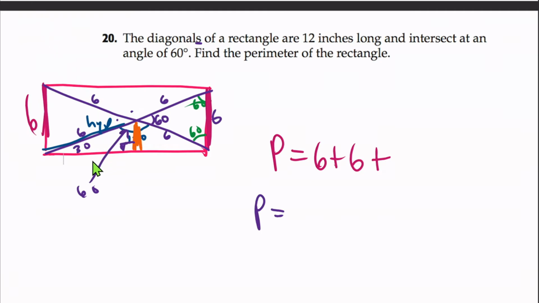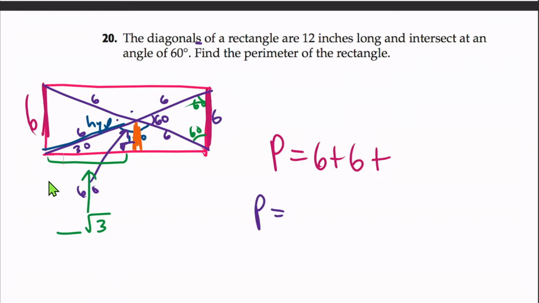So we have to find this length here, that green length. That green length is going to have a format, once you do the work and you label opposite, adjacent, hypotenuse, of a number times a square root of 3.